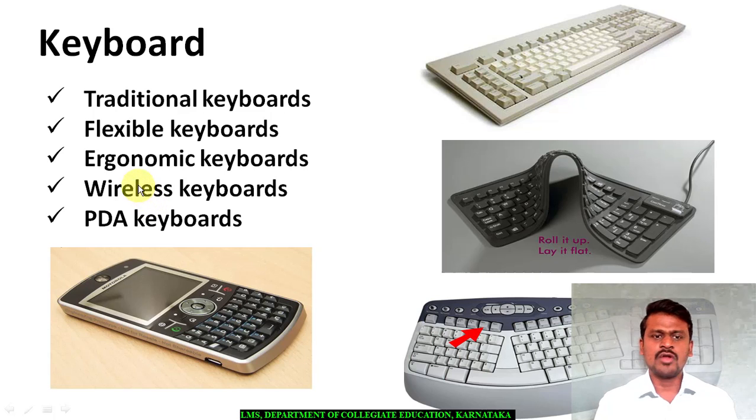Next is the ergonomic keyboard. This is the ergonomic keyboard. You can see here it is somewhat split: some keys are on the right side, some keys on the left side. This splitting helps the user for typing purpose, because hand movements are very easy in this type of keyboard.